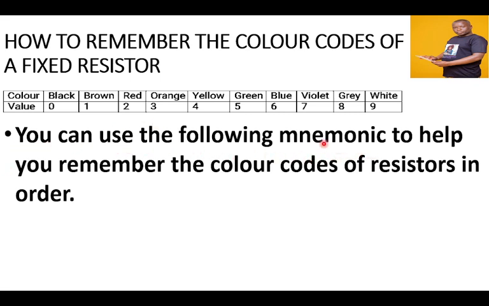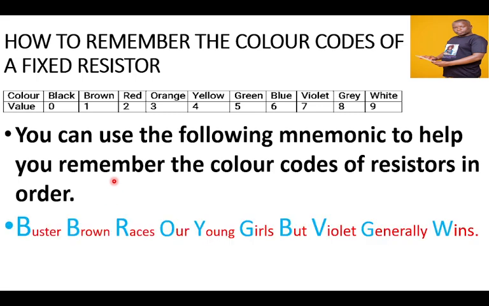A mnemonic device is a way of remembering something very easily, all right? So you can use this mnemonic to help you remember the color codes of resistors in order. This looks like a sentence which you can form and say.